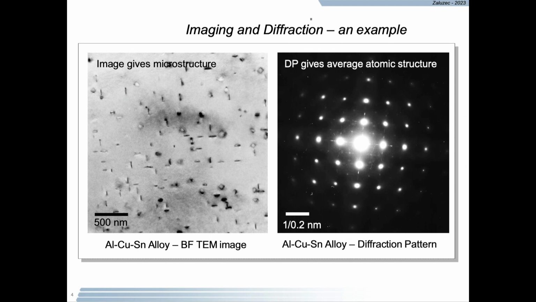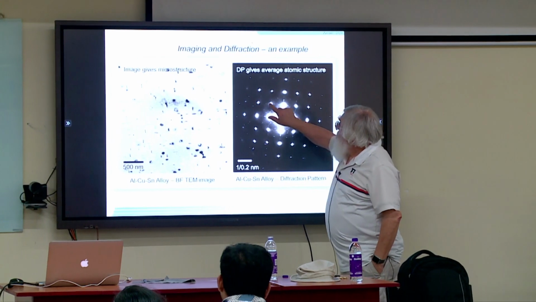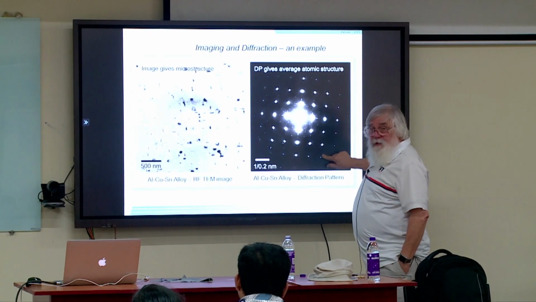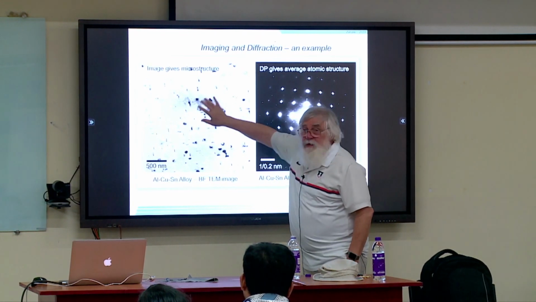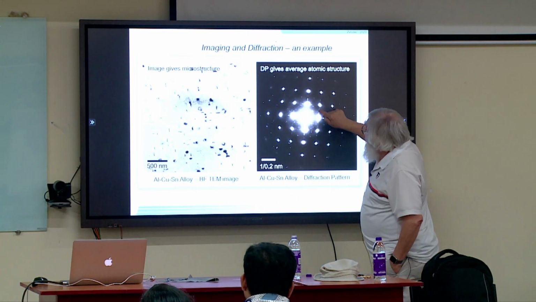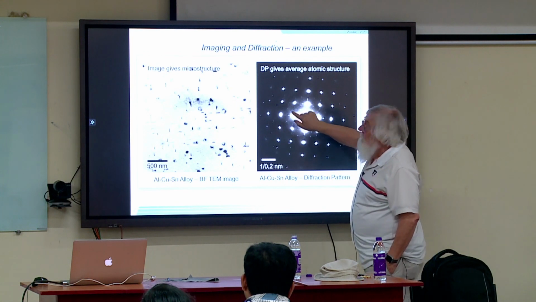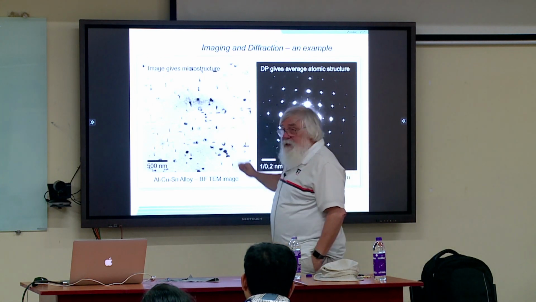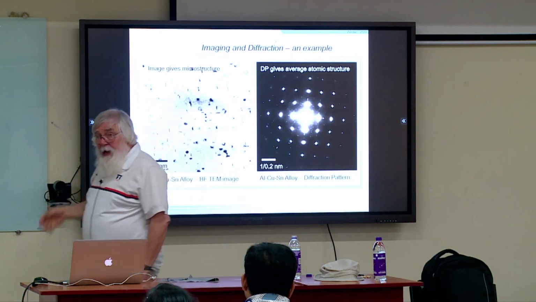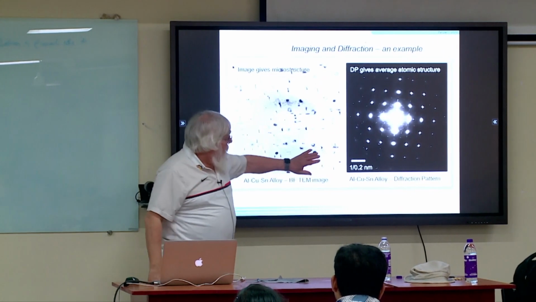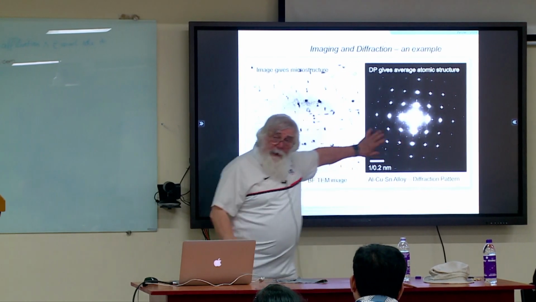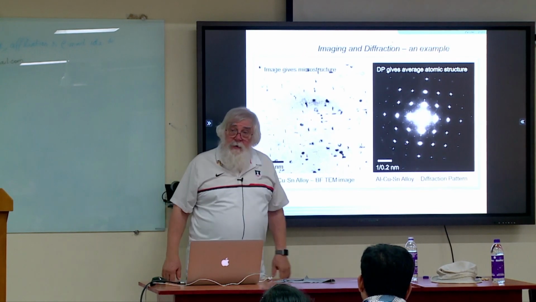We have a diffraction pattern, and this diffraction is telling us several things. We've got major reflections, which is mainly from the matrix, you'll see later. And we've got very fine detail in that pattern. Those come from the precipitates. And by analyzing the diffraction, we can tell what the structure of those precipitates are.